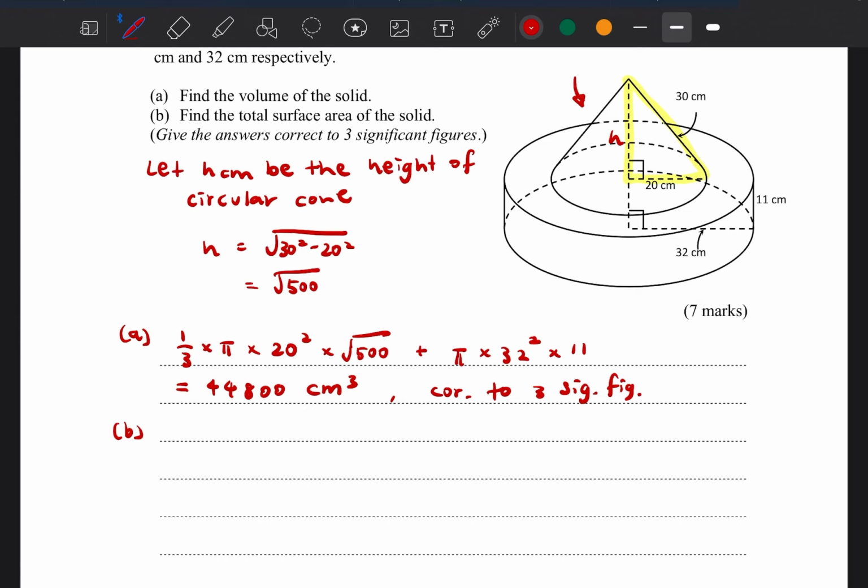Well, the base is not included, because this cone is stuck to the cylinder, so it's overlapped and that area is not covered. This is not part of it. Therefore for the cone we only need the curved surface area. The curved surface area of a cone is pi r l. So we can write out pi r l first.